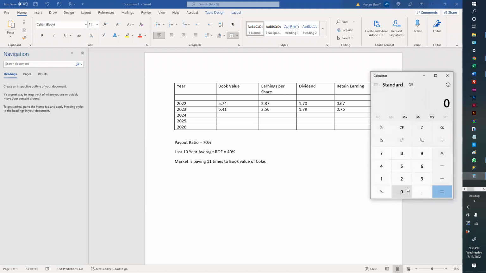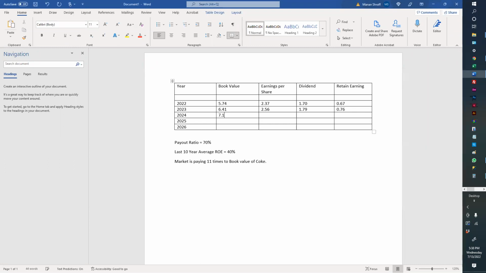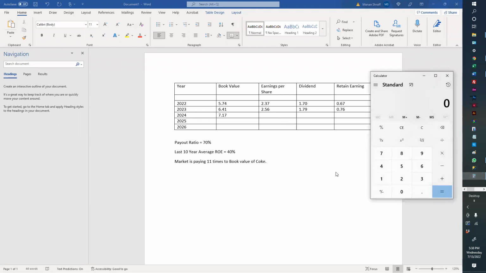So for year 2024, $6.41 plus 76 cents, this is going to be its new book value, $7.17. Again, Coca-Cola is going to produce 40% return on equity on its book value. So we can predict that in year 2024, Coca-Cola will make $7.17 multiplied by 40%.